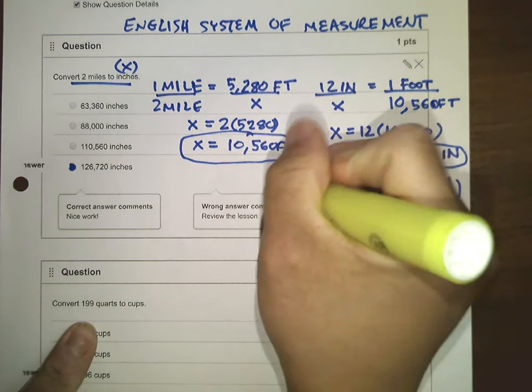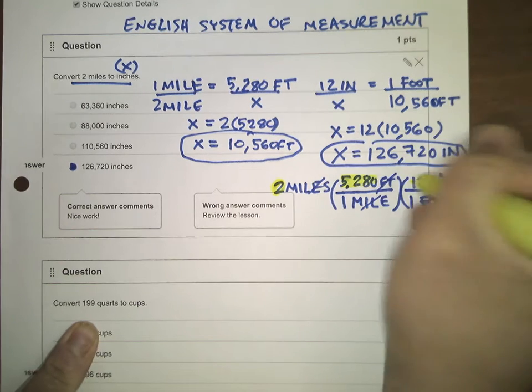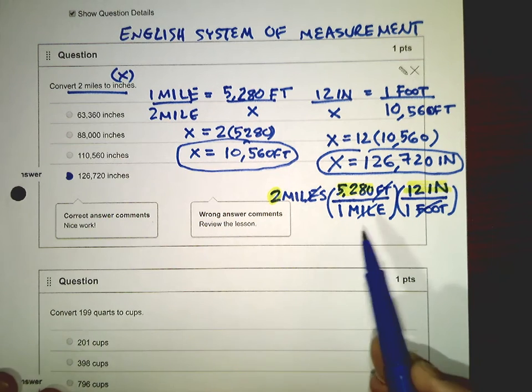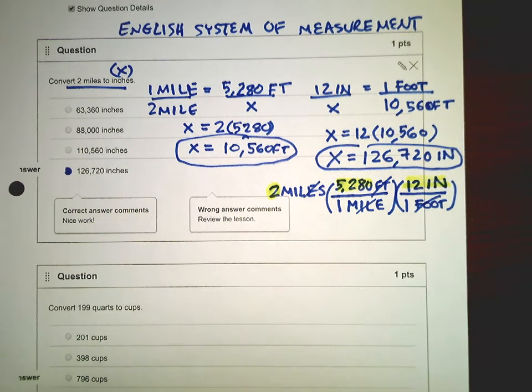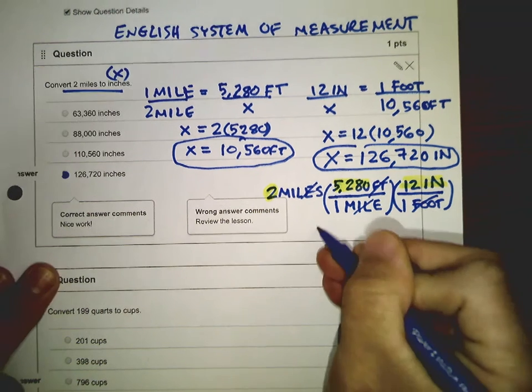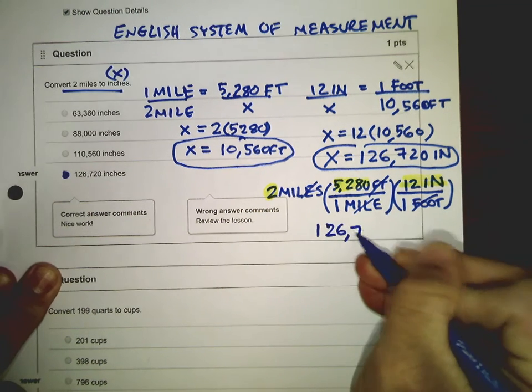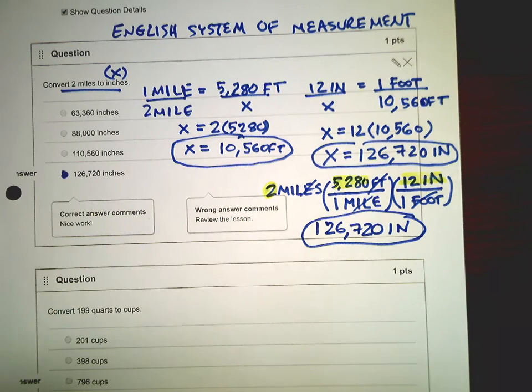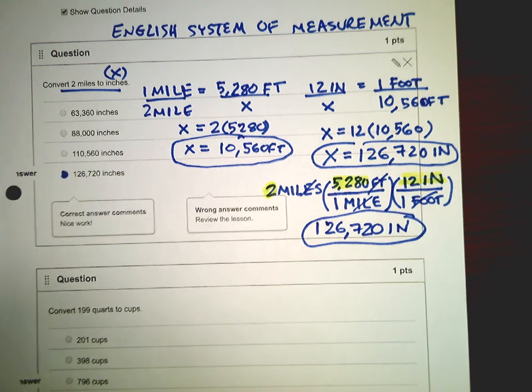If we highlight the 2, then the 5,280, and then the 12 inches, we see that 2 times 5,280 times 12 is equal to 126,720 inches. So that's what people would generally do instead of setting up 2 separate proportions. All right, so let's try another one.